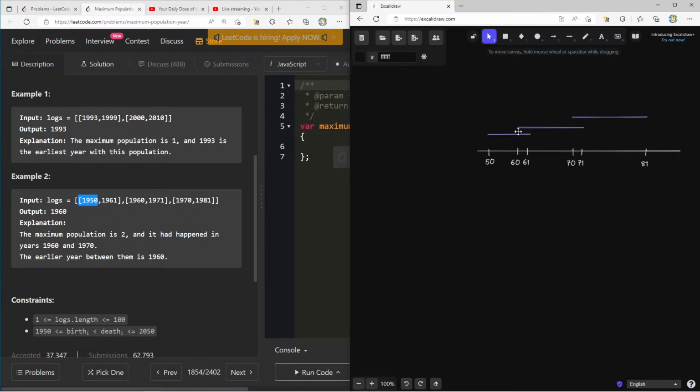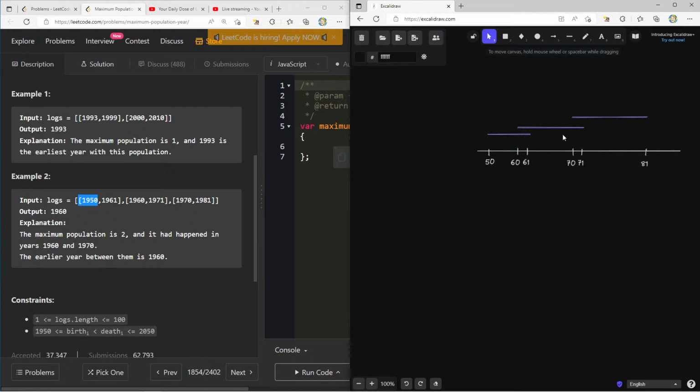So how many people lived within this range? Because it says the maximum population is 2, and it happened in the years 1960 and 1971. Or 1960 and 1970. Because I guess right here, you had 2 people that lived, right?